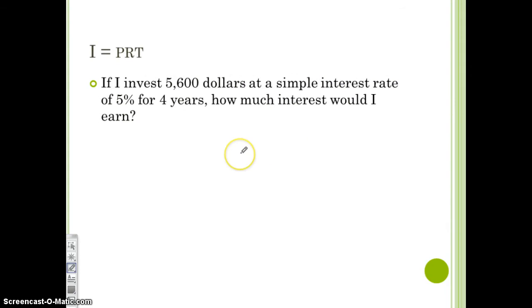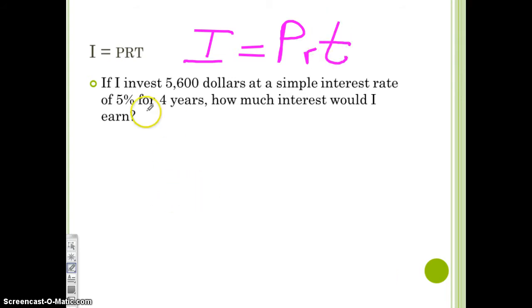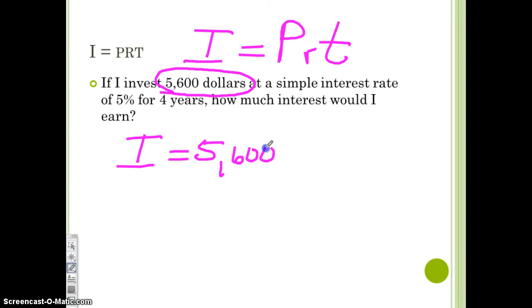All right. You will have at least one of these that has the simple interest problems, and I should have changed those to lowercase. If I invest $5,600, that's our principal. Let's plug it in where it goes. So instead of writing P, I'll write 5,600. At a simple interest rate of 5%, there's our R. Now we don't plug in 5, we need to change it to a decimal.